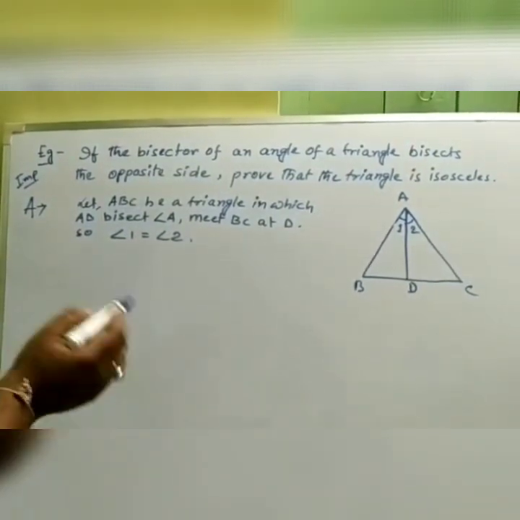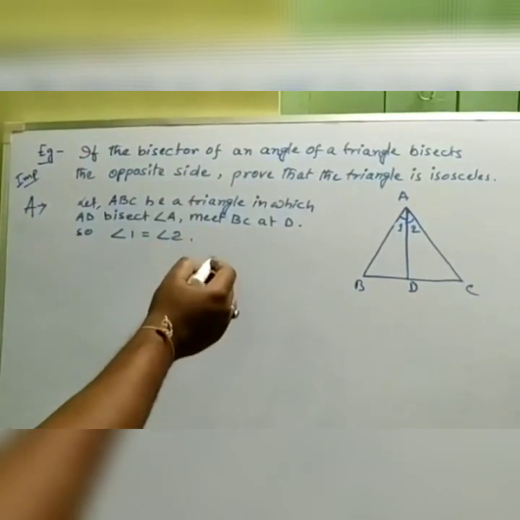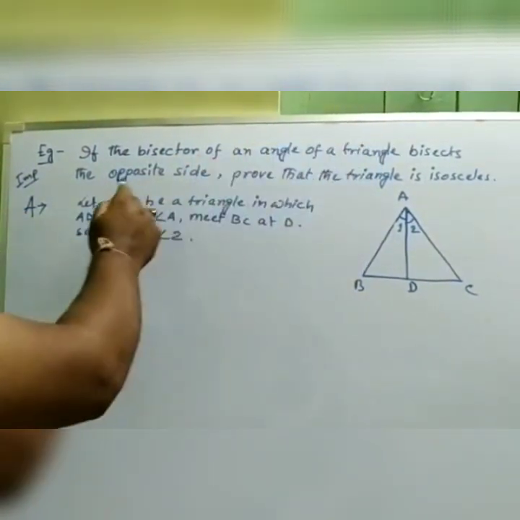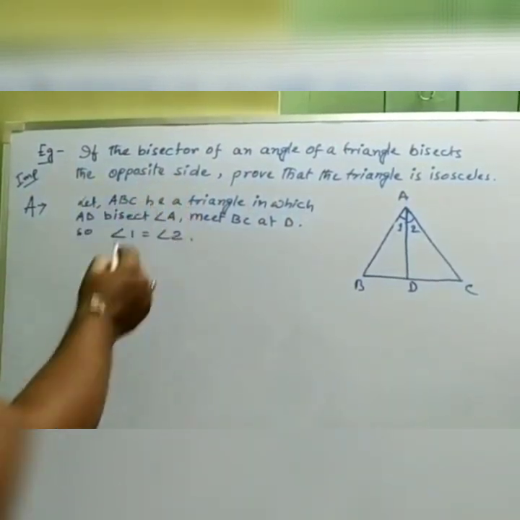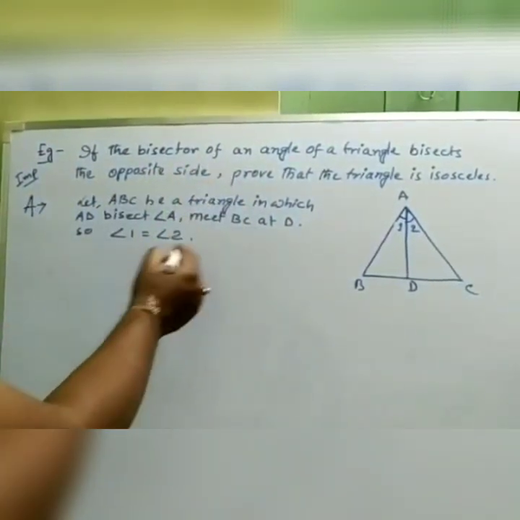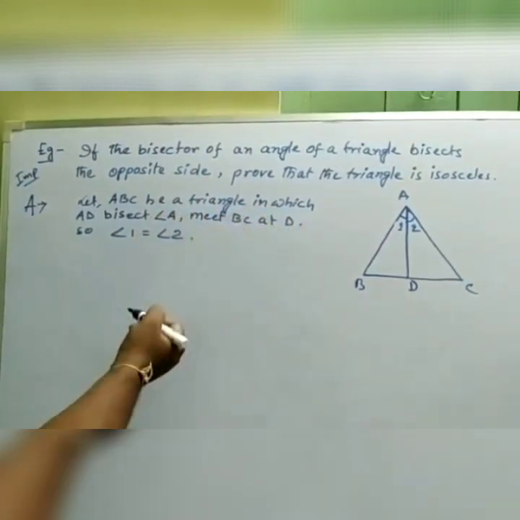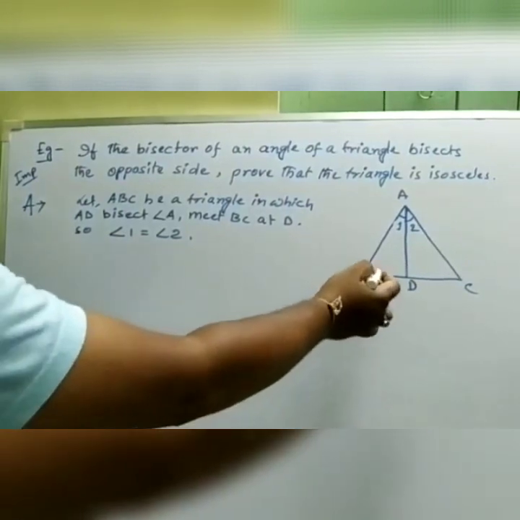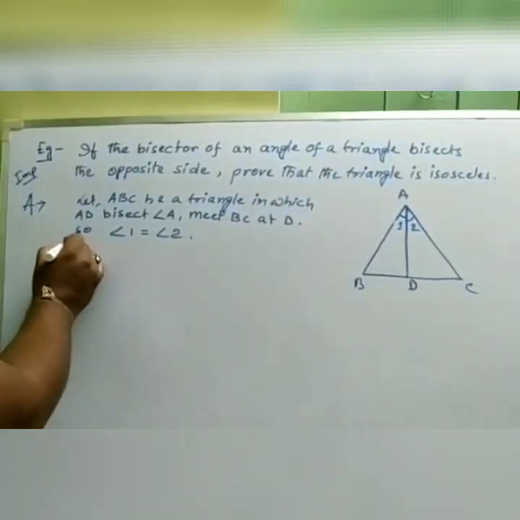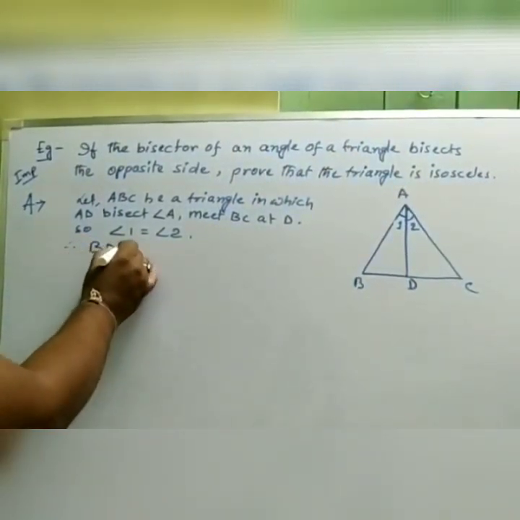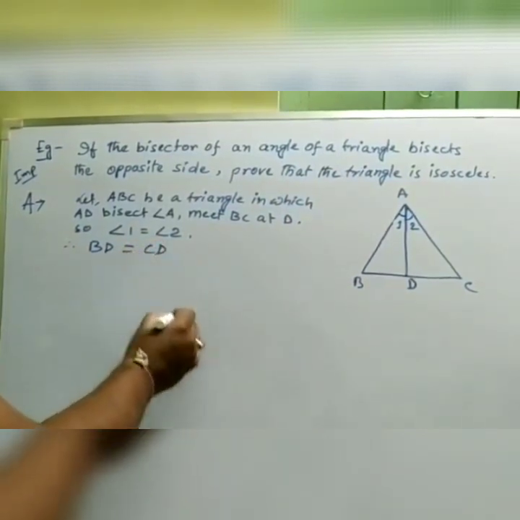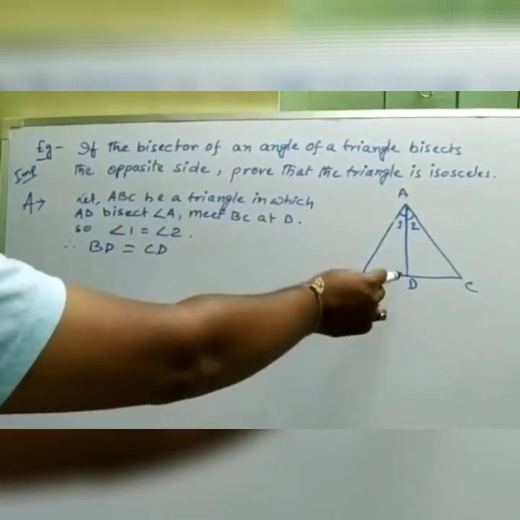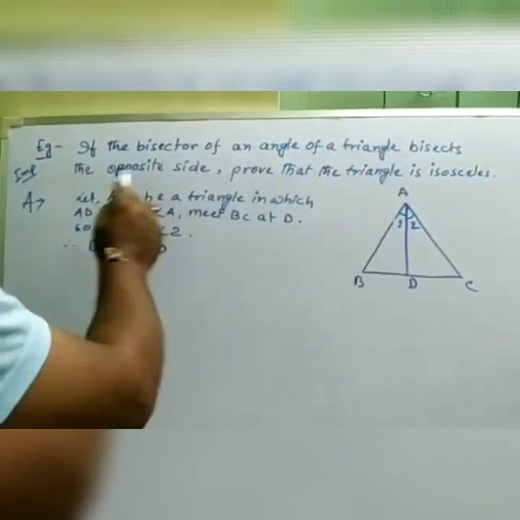Also, the given condition is that the bisector of an angle of the triangle bisects the opposite side. So AD meets BC at D, and D will be the midpoint because it bisects the opposite side.